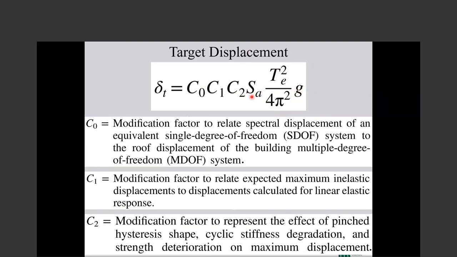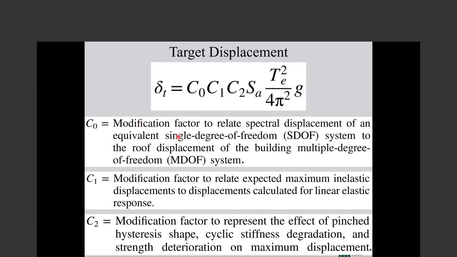So to make it meter divided by second squared, we multiply by g. Then we have three factors that we should discuss a little bit. So you have an equivalent period of the building. So we should also discuss that. So these things, we should talk about these things. What is each of them?